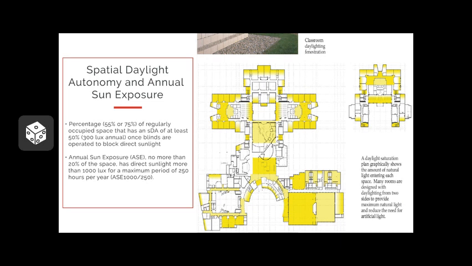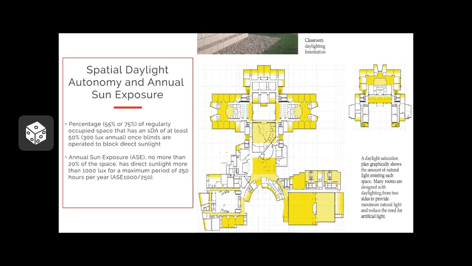When you go into the daylight programs, you actually can start looking at where you're getting in the daylight, what the percentage of space is of a regularly occupied space, and what kind of levels you've got. This type of programming is called spatial daylight autonomy.